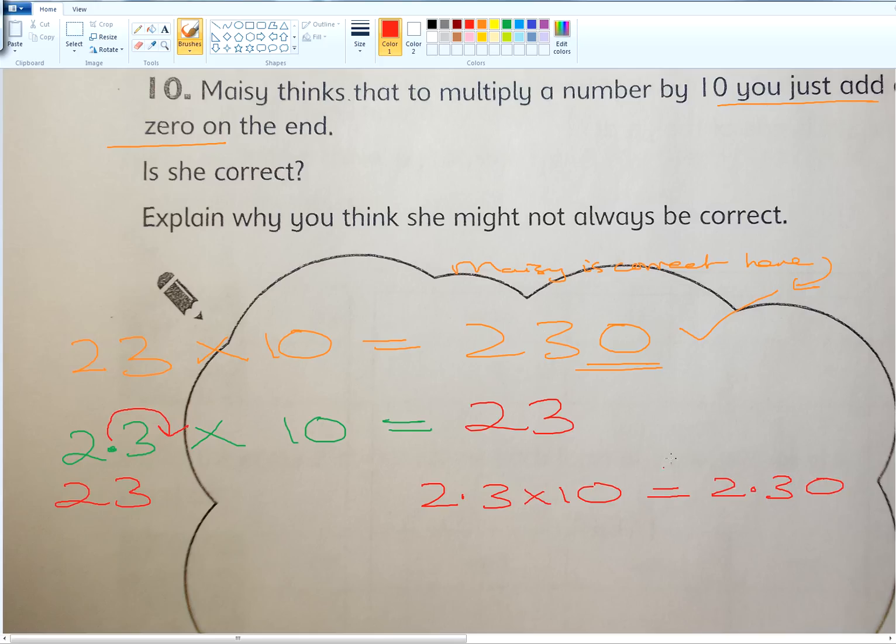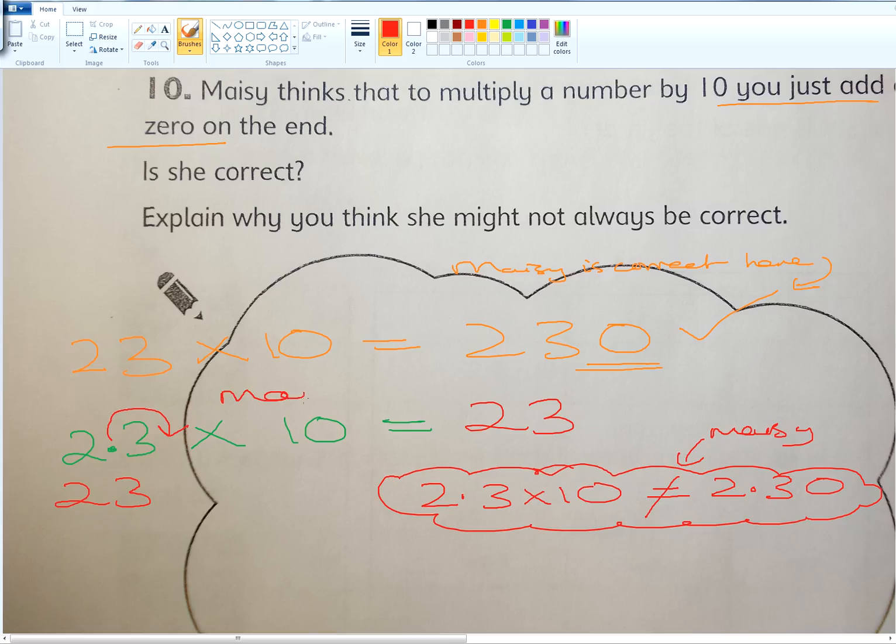Is that what she said? Yeah. So this is Maisie's idea, and our calculation shows otherwise. So Maisie is not correct with her rule for this second example.